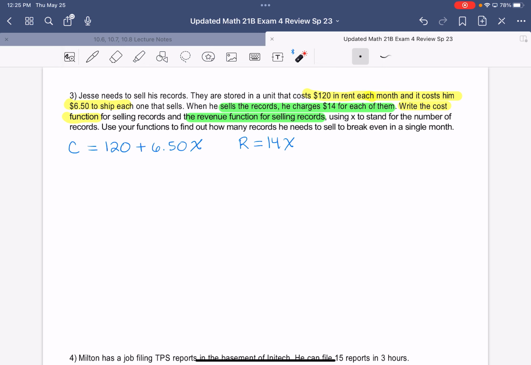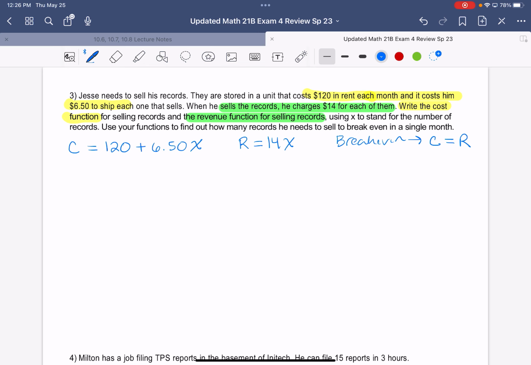Yeah, when you break even, that's when your cost equals your revenue. Right? Because you're not making money, you're not losing money. Your cost equals the revenue. That's break even. So when you want to break even, that means that your cost equals your revenue. Or revenue equals cost. It really doesn't matter which direction.